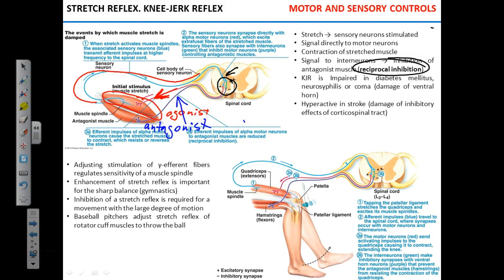Can you tell me, so there are two reflex arches here. One reflex arch goes from agonist muscle back to agonist muscle. Another reflex arch goes from the agonist muscle to antagonist muscle. Which one is monosynaptic? Which one is polysynaptic?